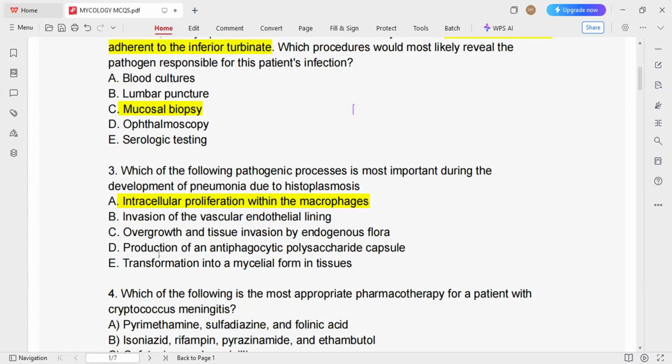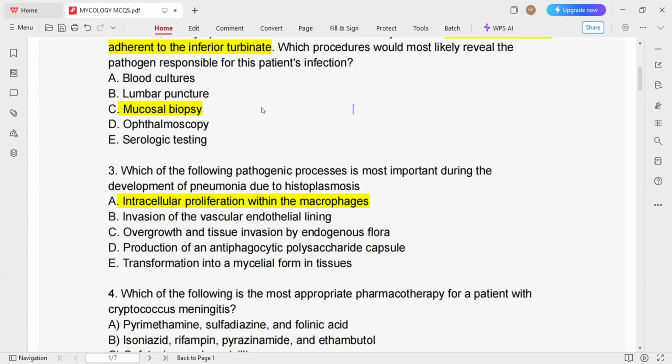Now, if we say a fungus is dimorphic, this means it exists in both forms. At room temperature or outside the body, it exists as a multicellular organism, a filamentous mold. How I remember, I usually say cold. At the cold temperature, it exists as mold. Then within our bodies, at high temperatures at 37 degrees Celsius, it becomes a yeast.